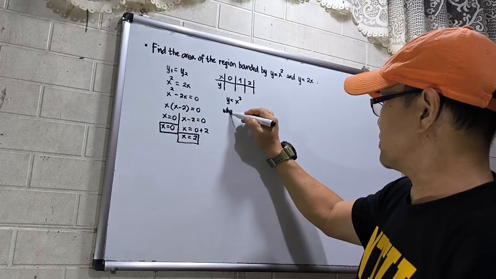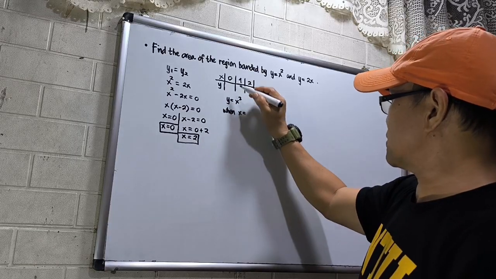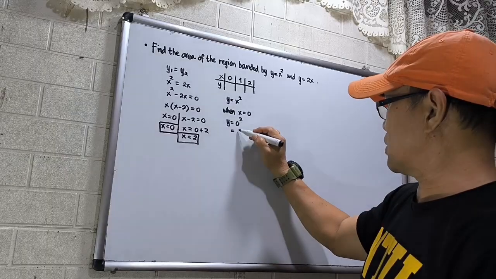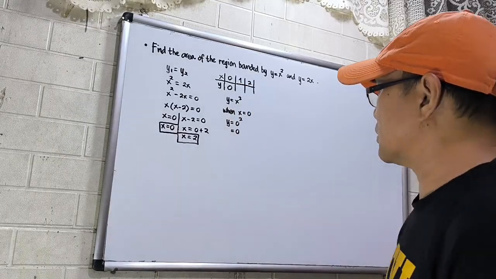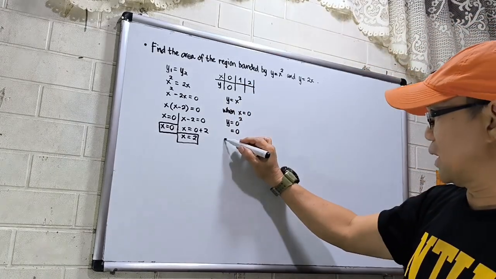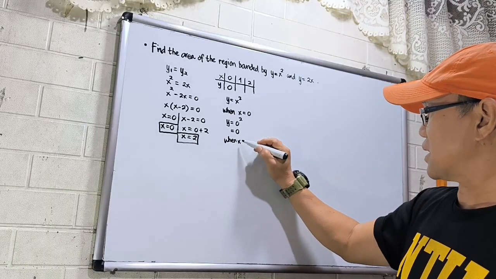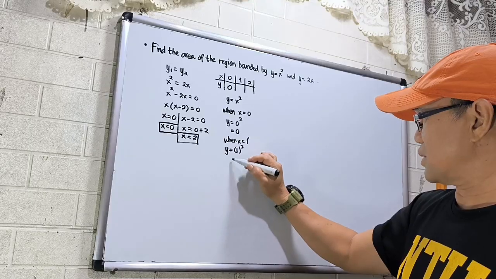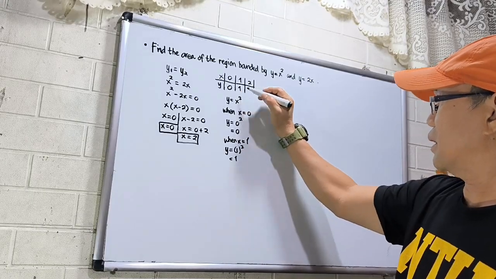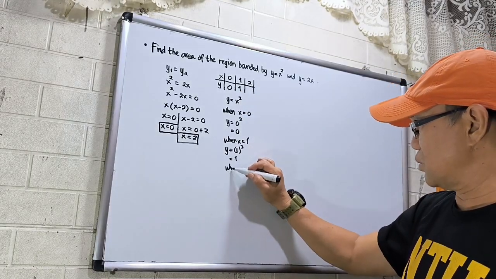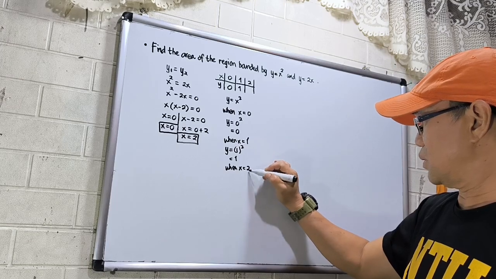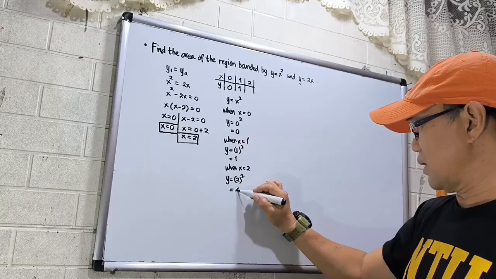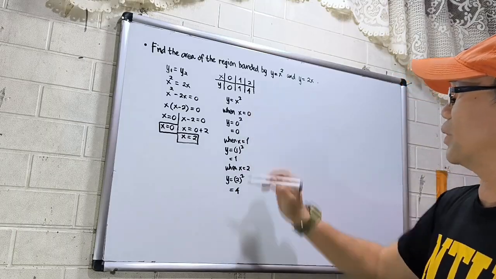When x equals 0, y equals 0 squared, so y equals 0. I have 0, 0. When x equals 1, y equals 1 squared, so y equals 1. When x is 2, y equals 2 squared, so y equals 4. So I have 2 and 4.